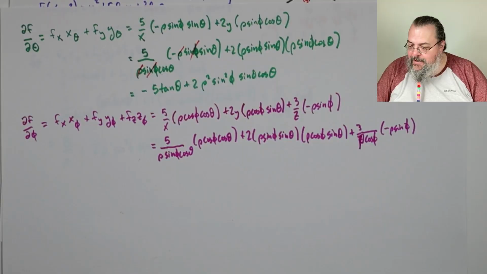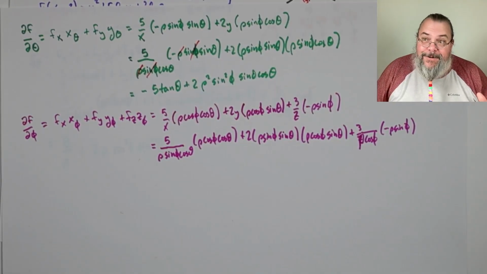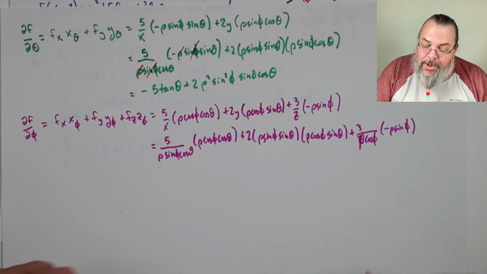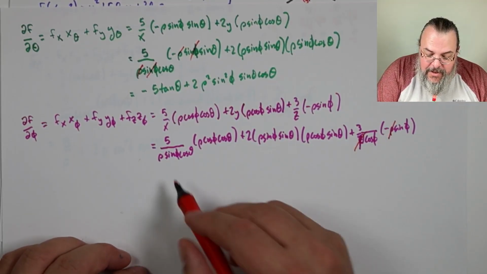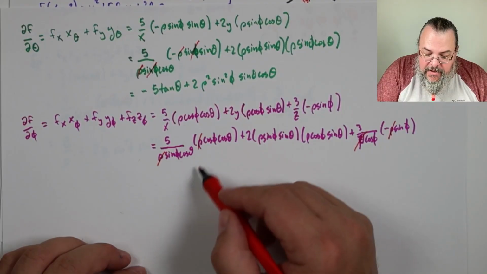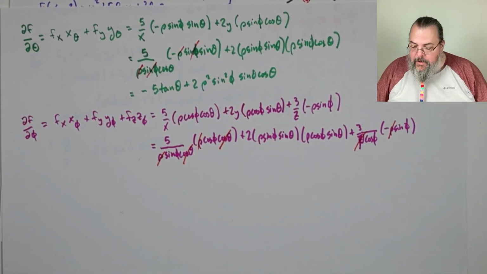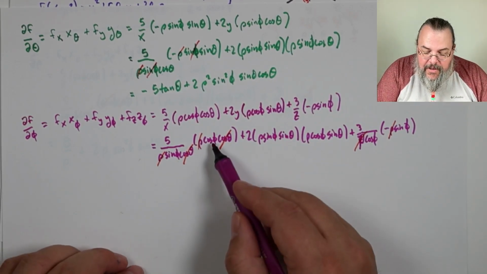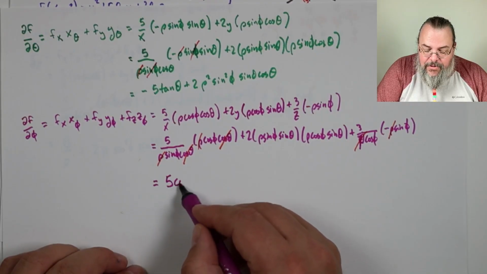All right. Okay. We're in the home stretch. Now, we've already done this problem once, so we're really in the home stretch. The rho's here cancel. The rho's here cancel. The cosine thetas there cancel. So that's good. What's left? Well, we have cosine over sine, making it cotangent.